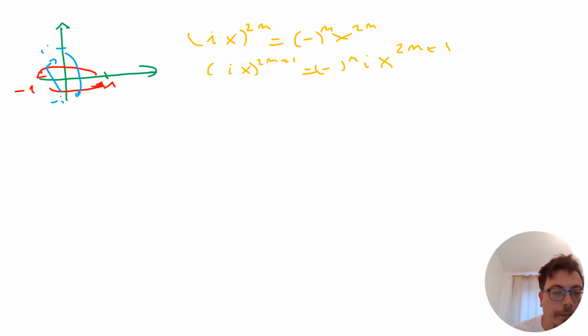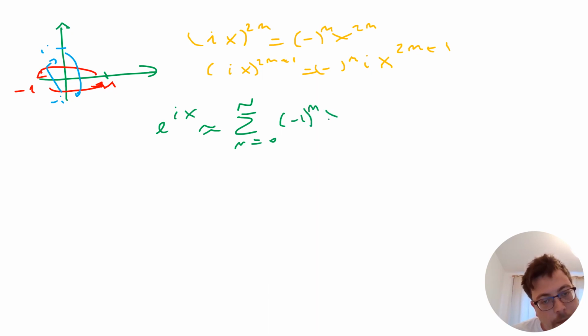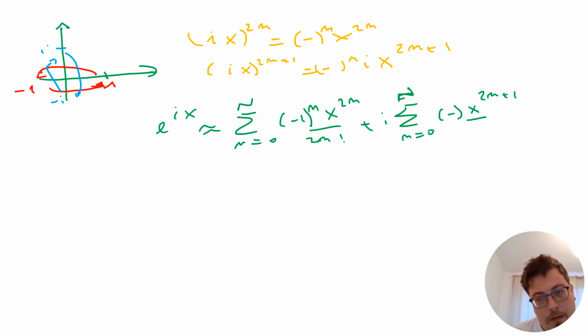Okay, and fine, we have these two groups of symbols that compose e to the ix, which is roughly equal to the sum for n from 0 to, so the first function, where there are the even components, plus a second function where there is an i, where there are the odd components, with the factorial.